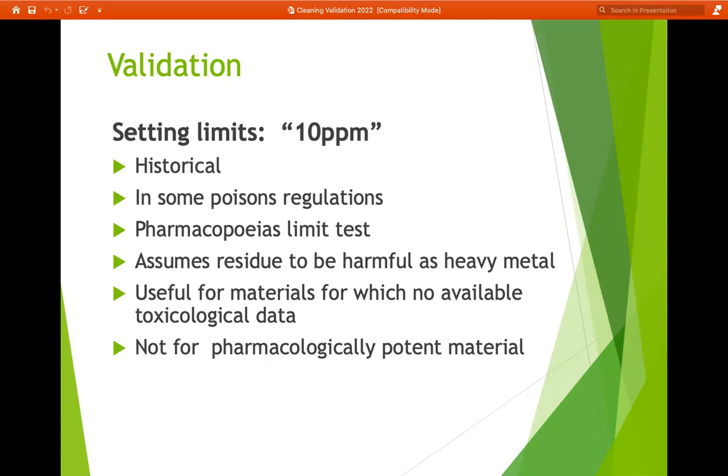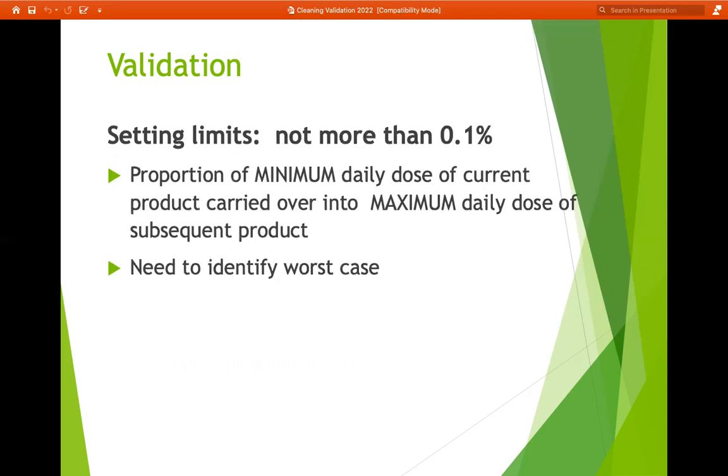So it can be used where no toxicological studies have been done, but it cannot be used for very potent materials like hormones, anti-cancer drugs, or steroids. For these materials, you cannot use this criterion.